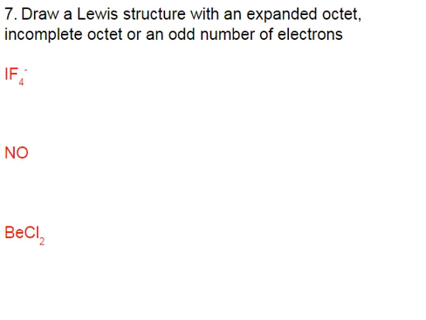Okay, so let's go ahead and look at these. So exceptions are kind of a pain, but they're easier when at least you know it's an exception. So I have IF4 minus, iodine has 7 electrons. Each fluorine has 7 electrons, and then the -1 tells me I've got 1 more. So 4 times 7 is 28, 29. I've got 36 electrons here.